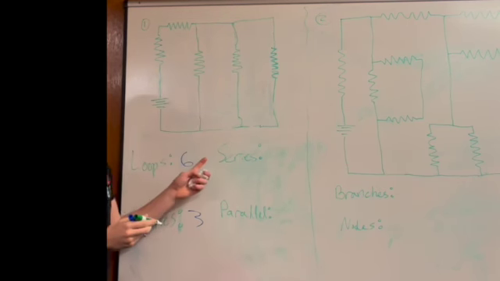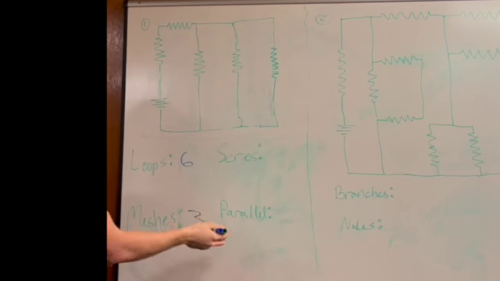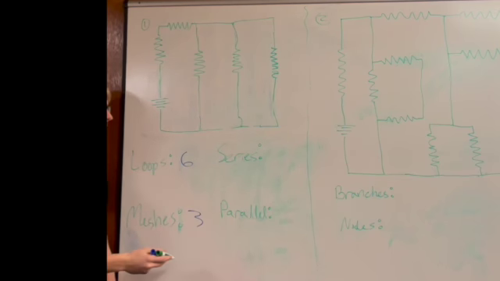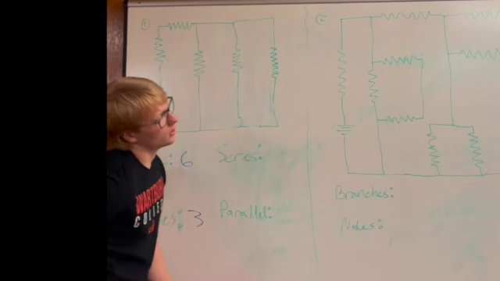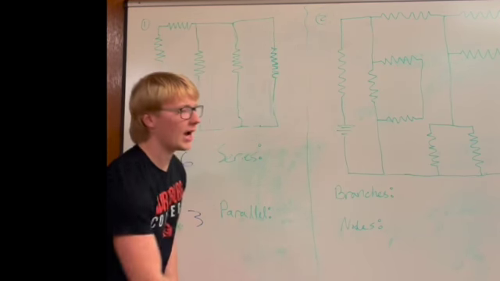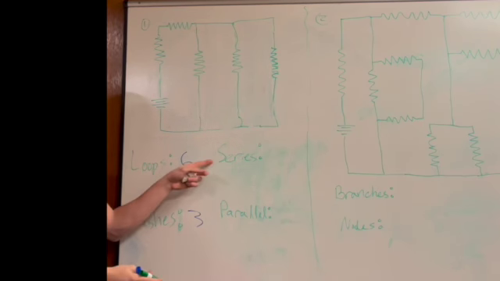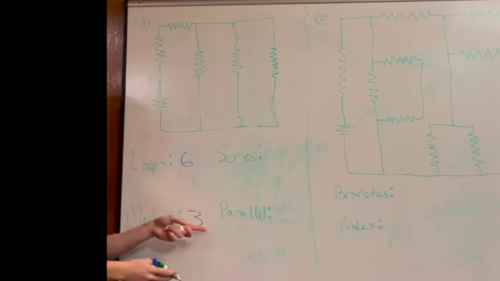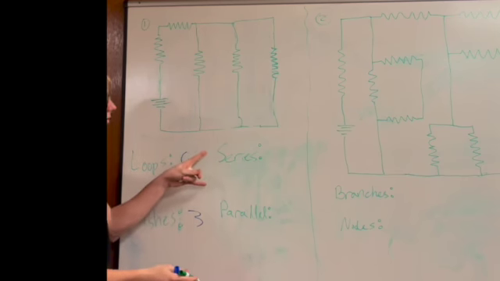Next one are series. A series is nothing like a loop or a mesh. A series is two or more branches that are in a line with one another, and series go along with parallels. They're not the same, obviously, but they correlate.